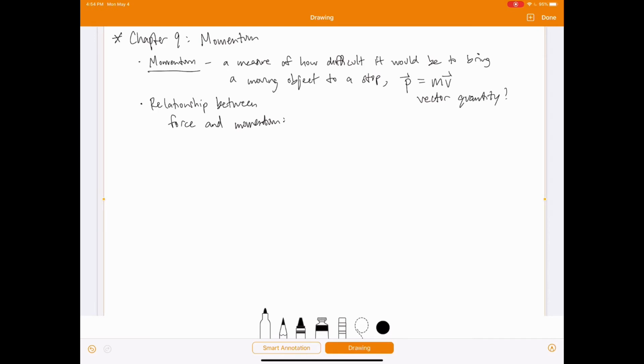And this can be written in a lot of different ways, but what we're familiar with is saying delta P is equal to F average times delta T. Okay, so let's start off with an example. Let's say we have a ball bouncing off the floor.